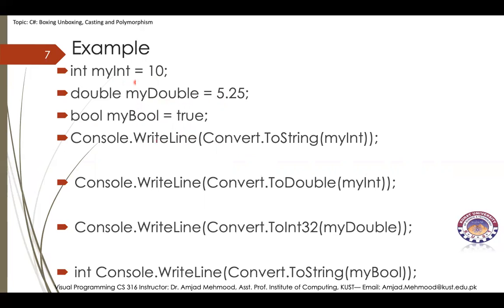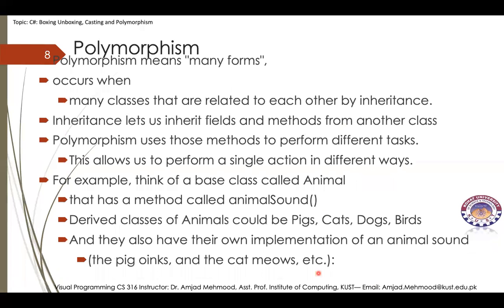Here I am converting with Console.WriteLine Convert.ToString: this integer, which is 10, I am converting to string. Here I am converting my integer type to double. Here my double value will be converted into integer, and here my bool value will be converted into string. So you can do that by using these methods as well. They are also very useful methods in C sharp .NET.